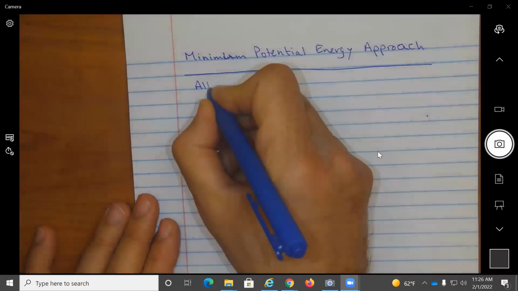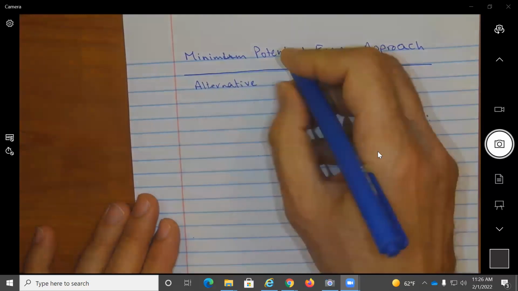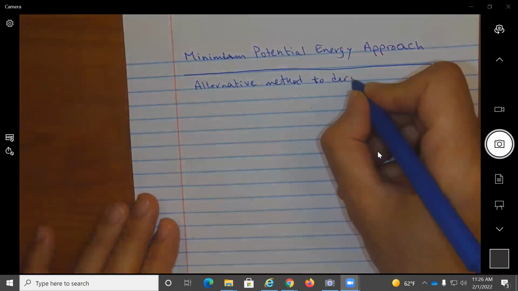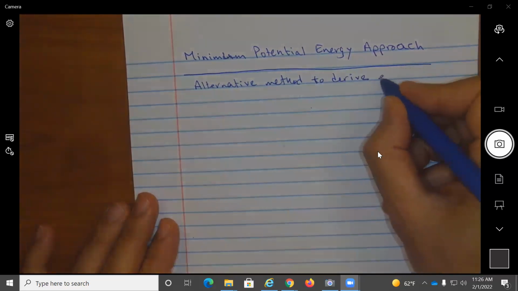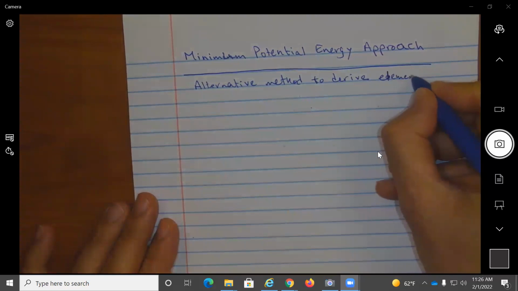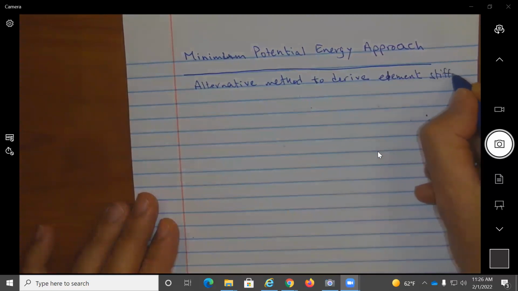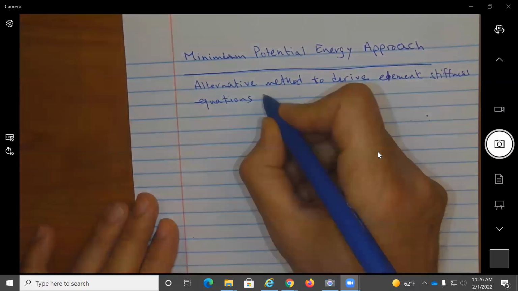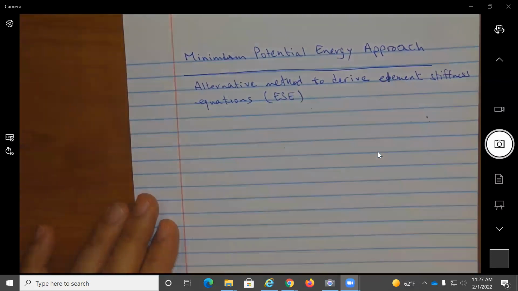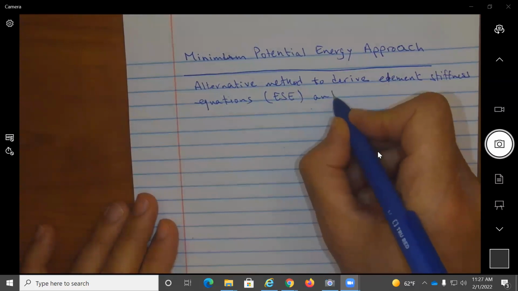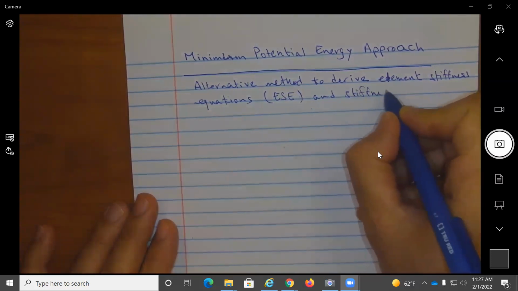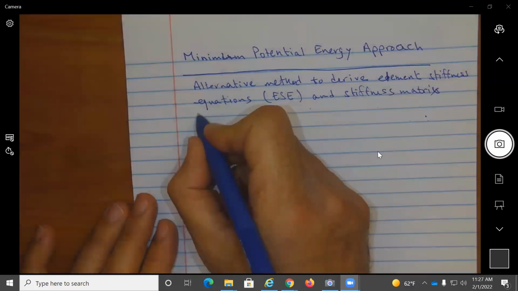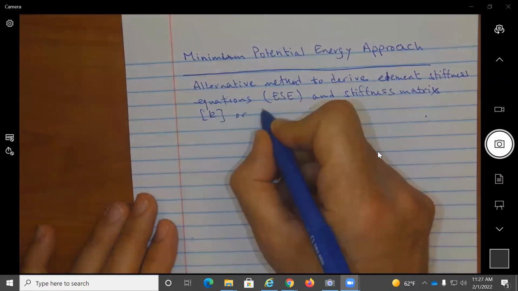So we're going to use it as an alternative method to derive element equations, or element stiffness equations, that I'm going to use ESE for, element stiffness equations, as well as the stiffness matrix k, or for a system would be K.